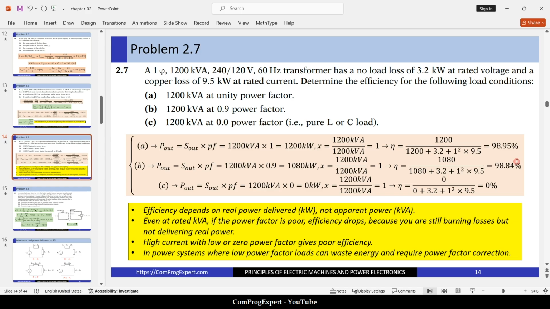So what are the points of this problem? The efficiency depends on real power, right? Not apparent or reactive power. Even at rated kilovolt ampere, if the power factor is poor, efficiency drops because you are still burning losses but not delivering real power.